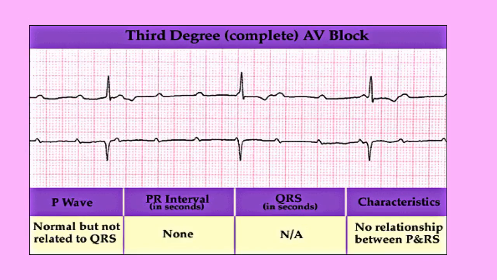So once again, you have that lost P wave. What's occurring is that you have P waves lost and found throughout the QRS complexes, and the P wave rate is faster, the QRS complex rate is slower.